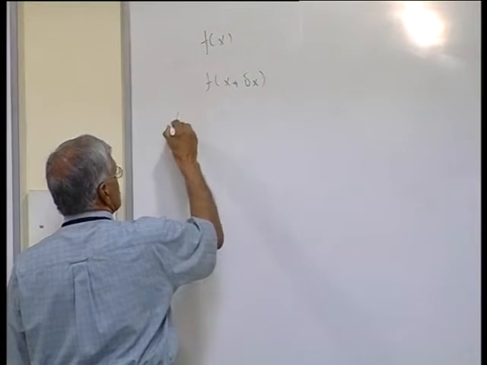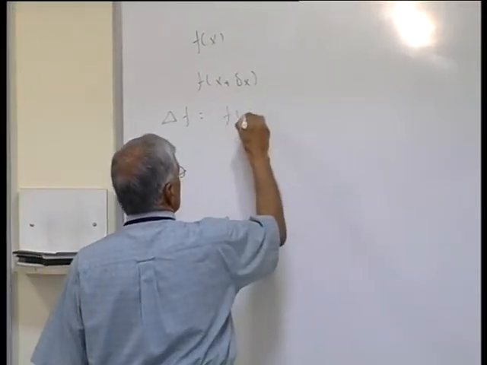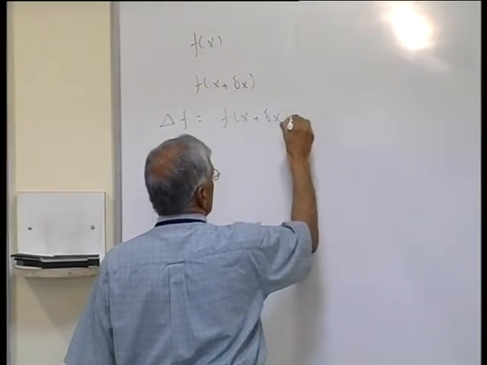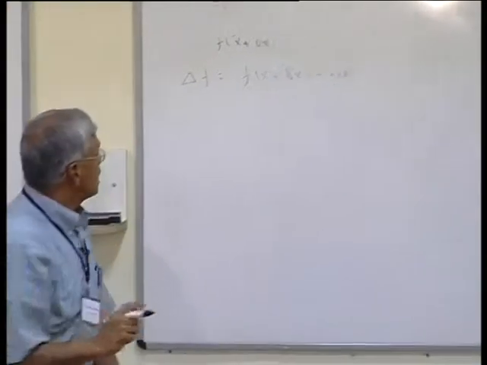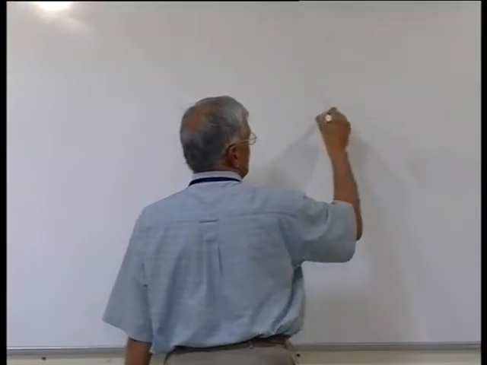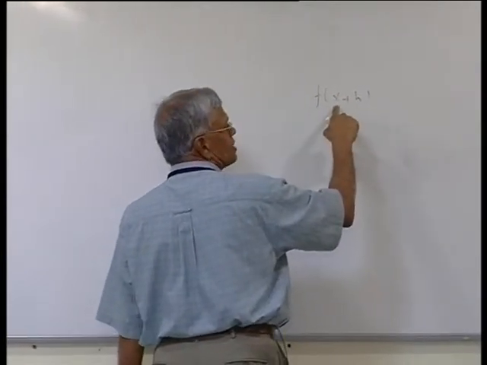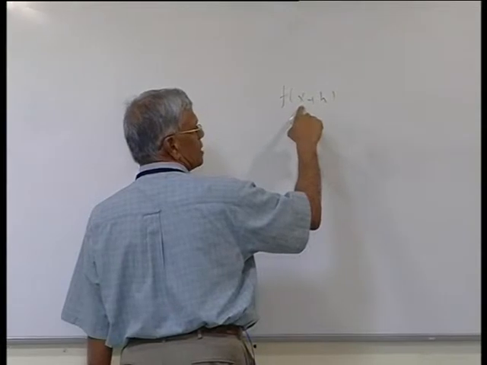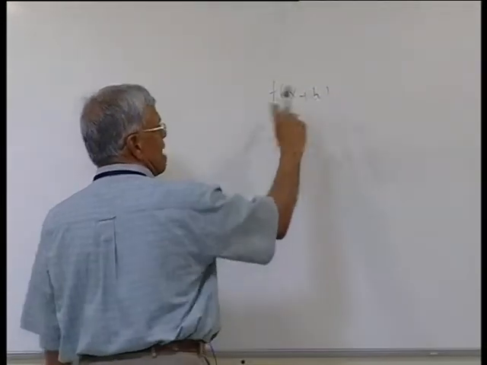We generally denote the change in value of f as delta f, which is f of x plus delta x minus f of x. When you do a Taylor series expansion, sometimes we assume let x plus h be a point in a closed neighborhood of x. So this vector h is a perturbation.